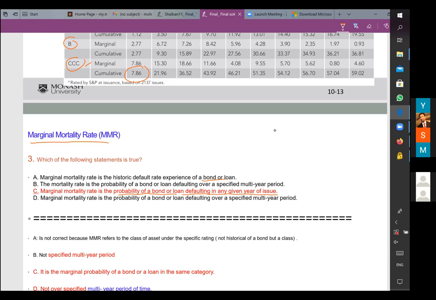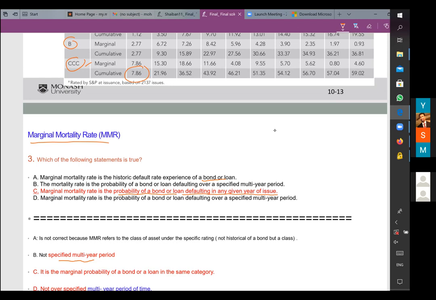The problem with number 1, they didn't specify a multi-year period. They are just talking about marginal mortality rate as the historical default rate experience of a bond or a loan.